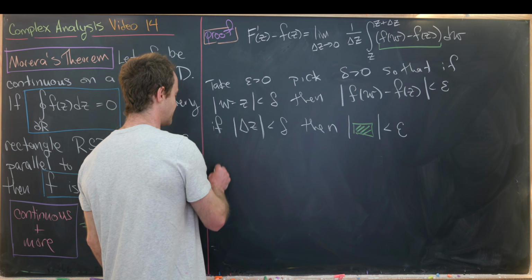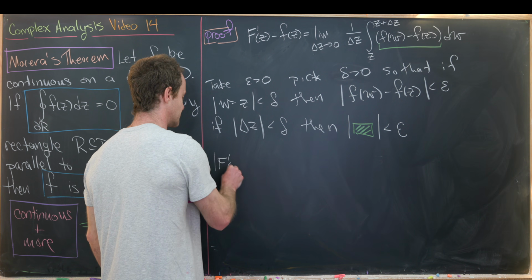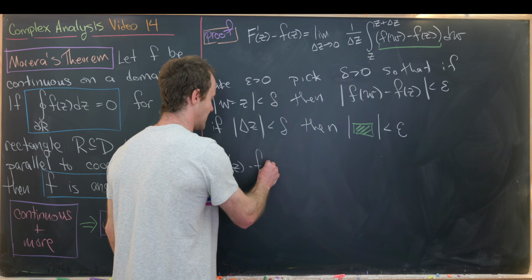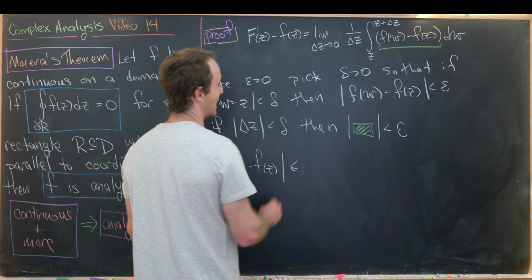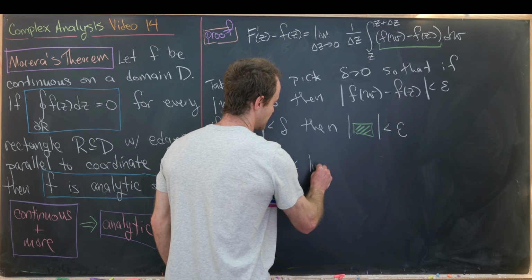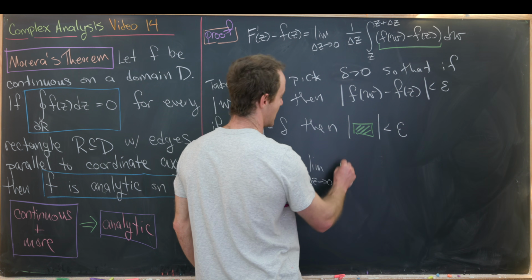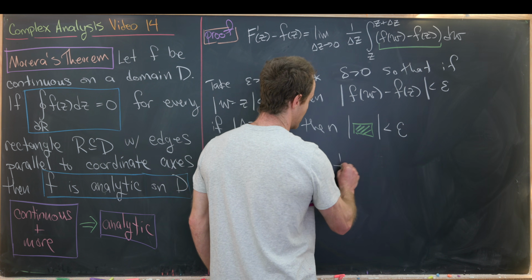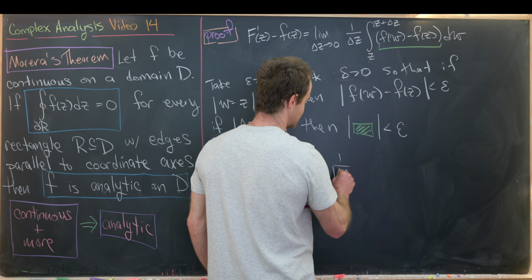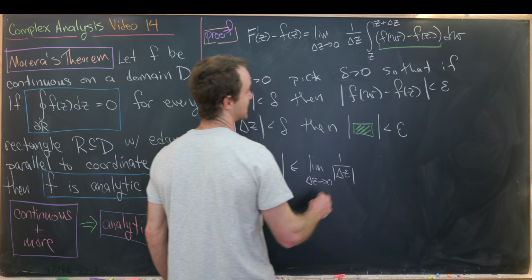Okay, so now to finish it off, we'll look at the modulus of F prime of z minus f of z, which now we know is less than or equal to the limit as delta z goes to 0 of, now it'll be 1 over delta z. I guess I should put 1 over the modulus of delta z.